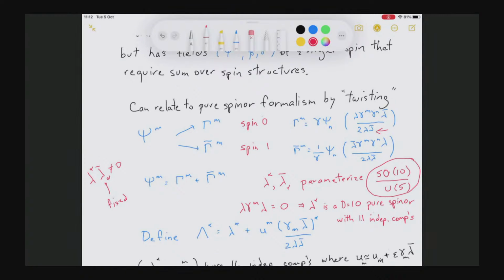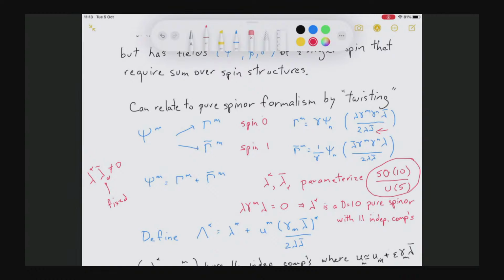Of course, if I want to do this on the whole pure spinor space, I need to choose patches. You can't do this globally on the pure spinor space, but you can do it locally in the sense that you can choose patches where for a fixed lambda bar, at least there's a patch of lambda alphas such that this is non-zero.